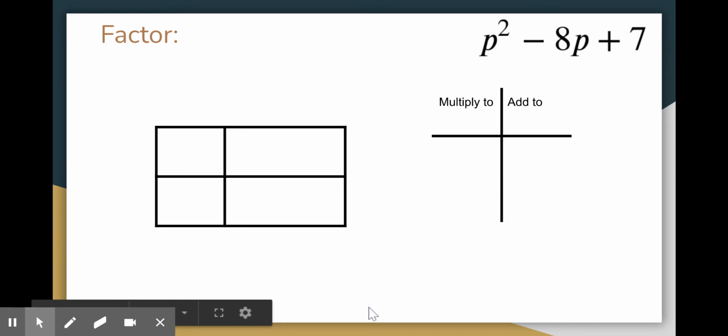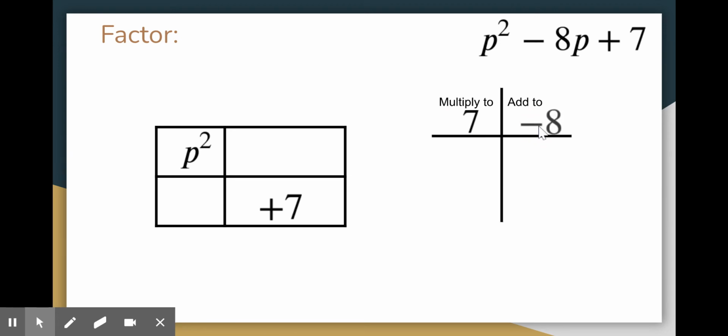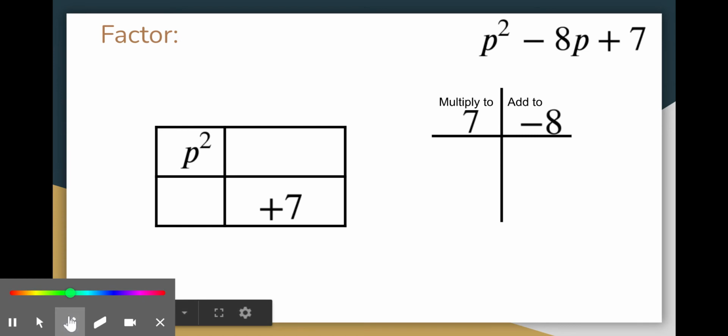Okay, let's try this next problem. So we'll start off the same way, p squared and 7. And so we want to find two numbers that multiply to my last number and add to -8. So if I'm thinking just off the top of my head, 7 times 1 is 7, and 7 plus 1 is 8.